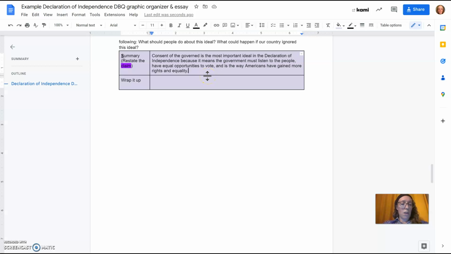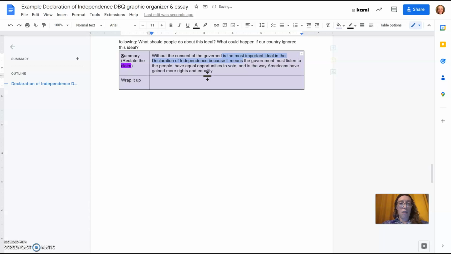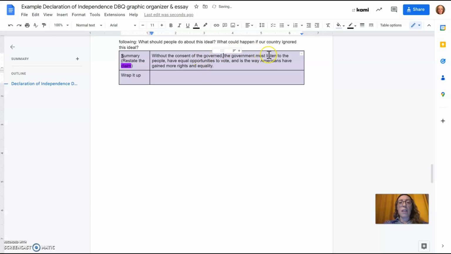Now, I want to change the wording a little bit. And so here's what I'm going to do. I am going to add without the consent of the governed. I'm going to take out that other part. So I had the most important ideal in the Declaration of Independence because it means, yeah, I'm going to take that part out. I'm going to put a comma instead. The government, and then I'm going to say, okay, without the consent of the governed, the government would not have to listen to the people.